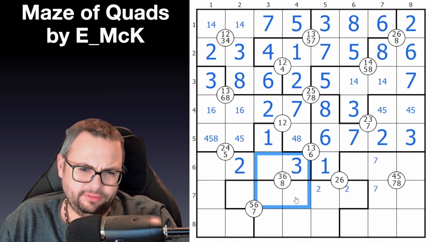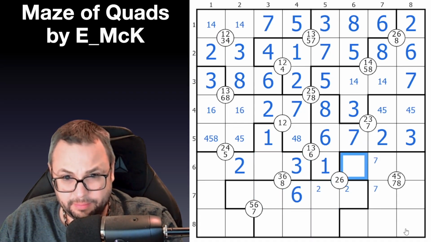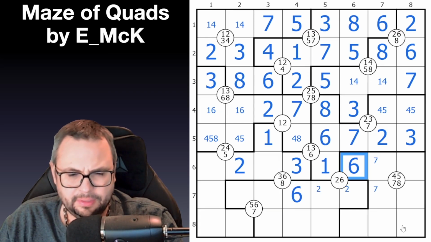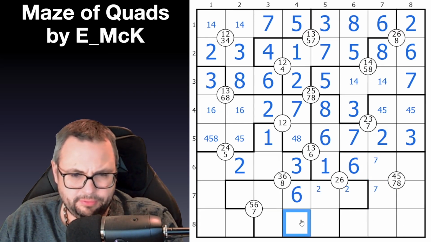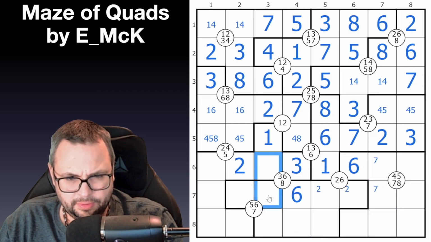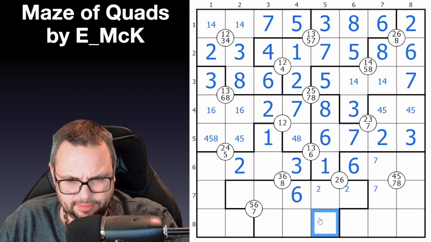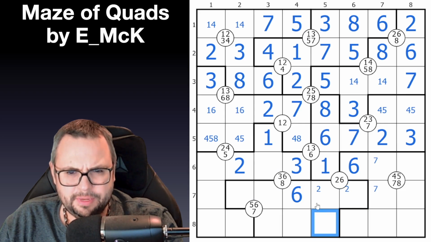Okay, there needs to be a 6 on this quadruple, which is going to go there. And that 6 comes up here. This is going to be a 4 or an 8 just for the column purposes. One of these two is going to be an 8. Doesn't immediately tell me much.